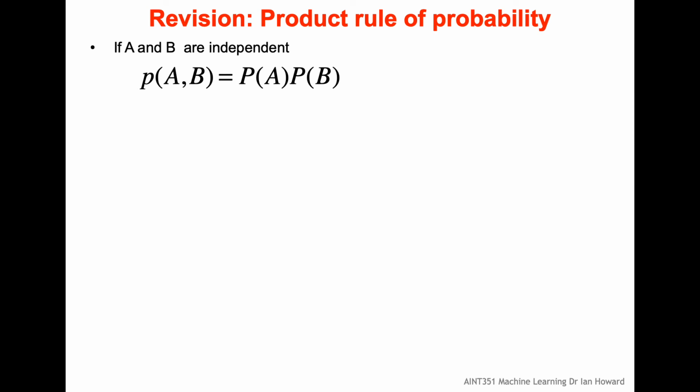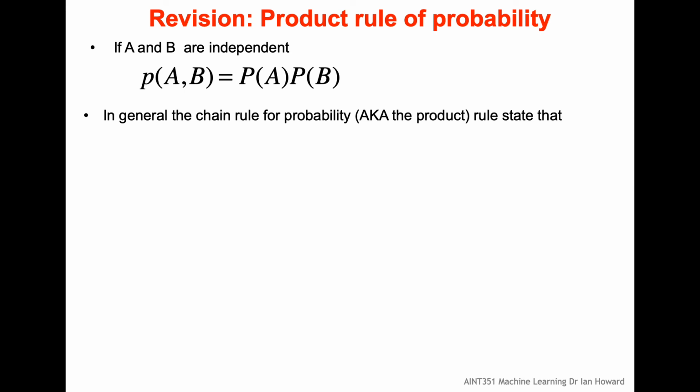Well, it will be a sixth multiplied by a sixth, because these events would be independent, right? So in that case, we can say the probability of A and B happening is just the product of the probability of A with the probability of B. This is called various things, including the product rule when it's independent.